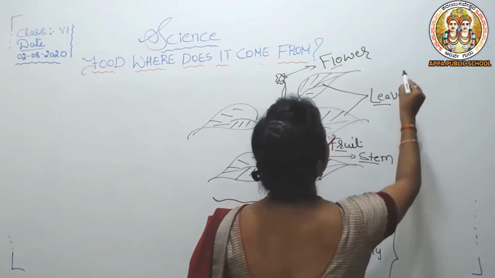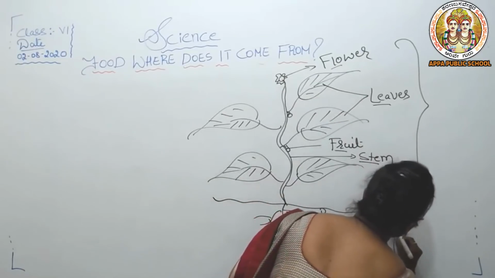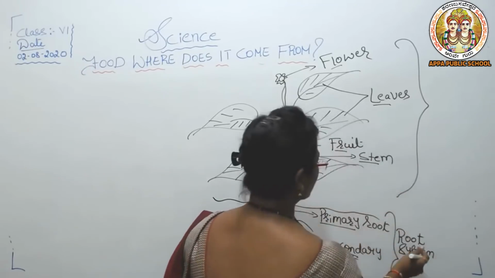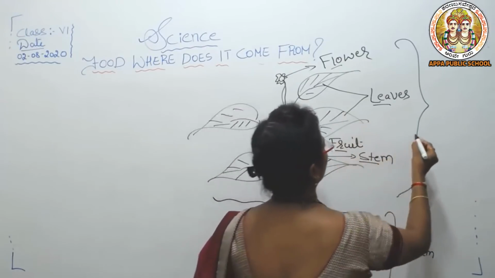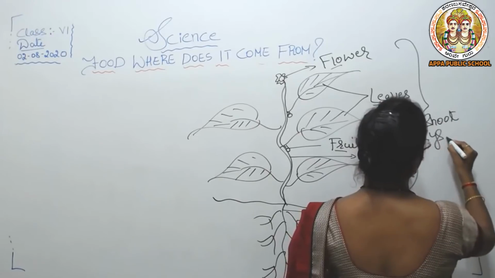Now the part of a plant which is below the soil we call the root system. And above the soil we call the shoot system.